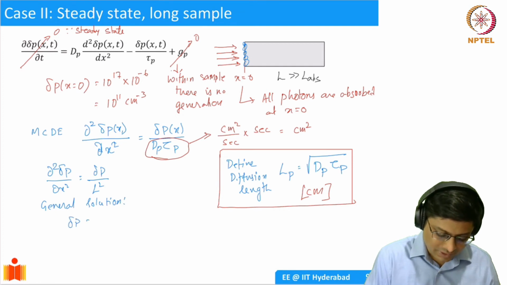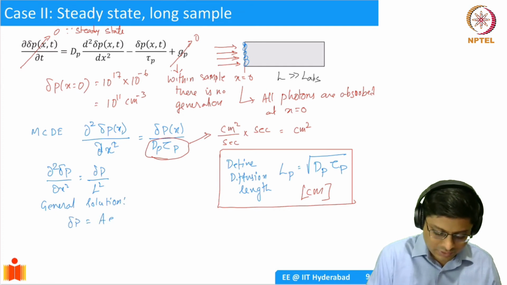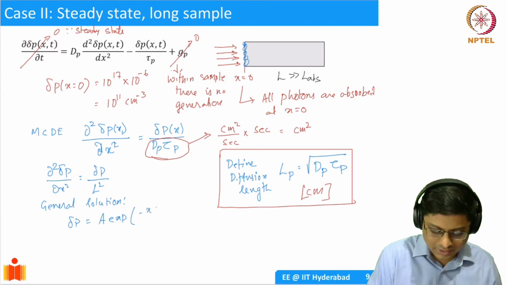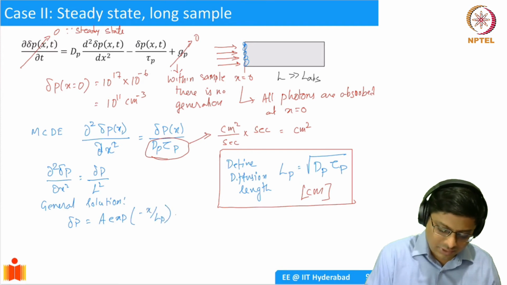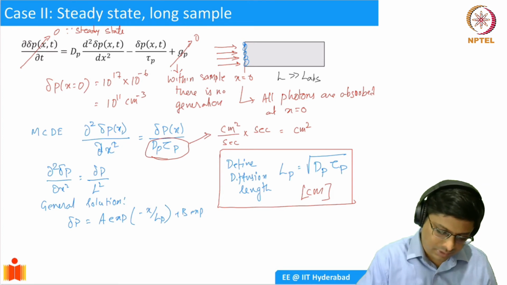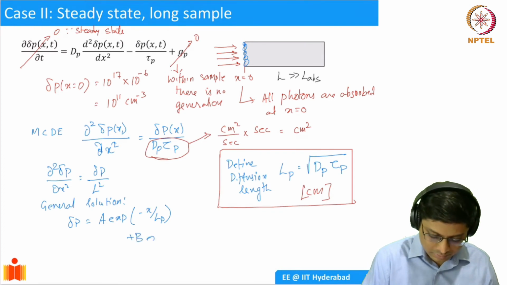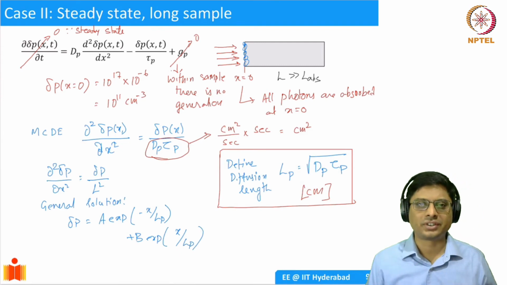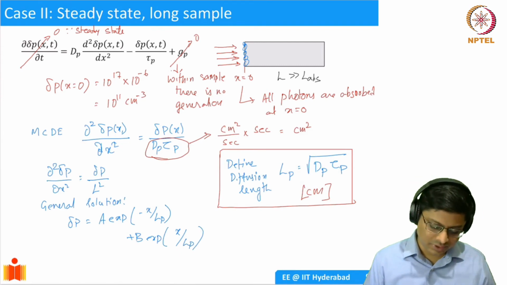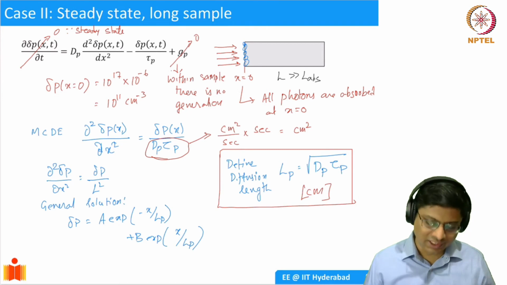Delta p is going to be A exponential minus x by Lp plus B exponential plus x by Lp. This is the general solution allowed for the equation. You can verify it. Take a second derivative with respect to position, and you'll see it comes out to be this.